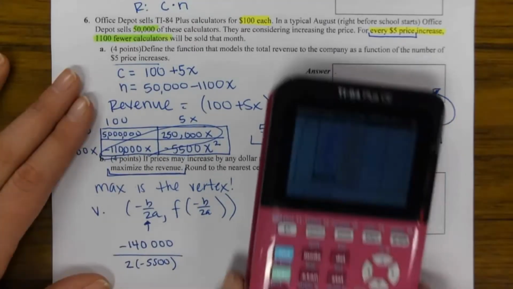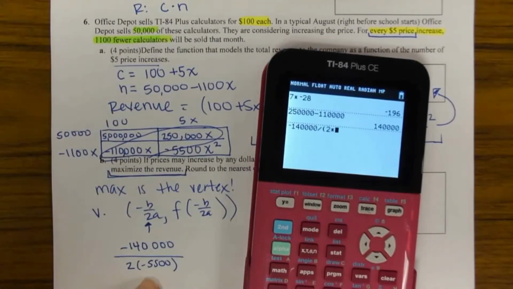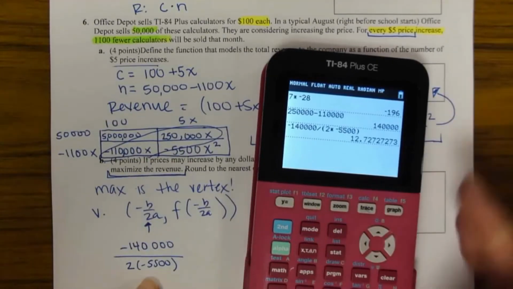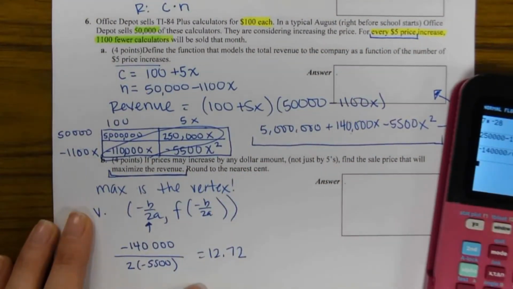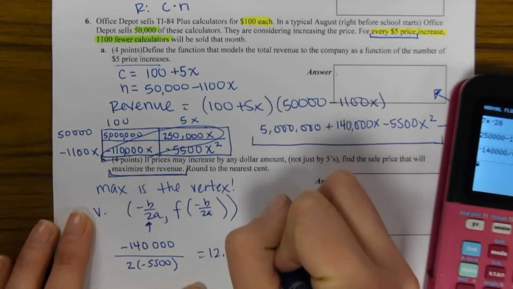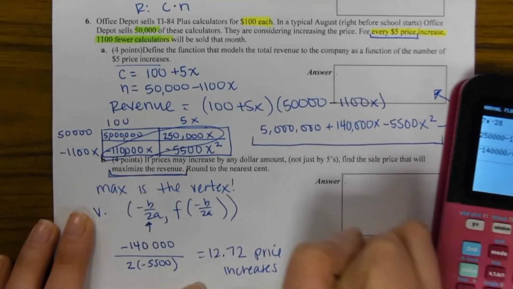And I can plug that into my calculator and get a number. Negative 140,000 divided by, I'm going to put my denominator in parentheses so that I multiply it correctly. And so it looks like there's going to be 12.72 increases to get to our maximum.